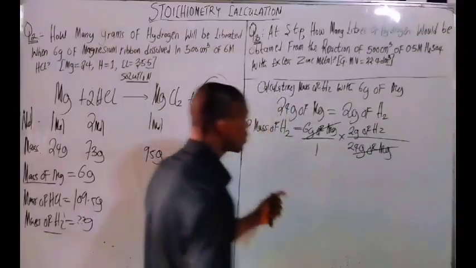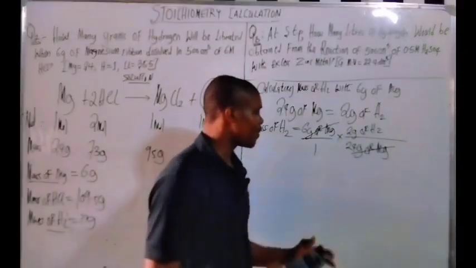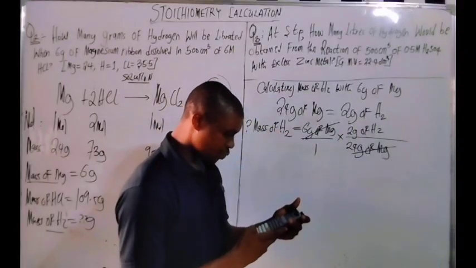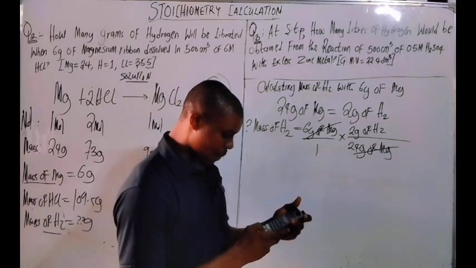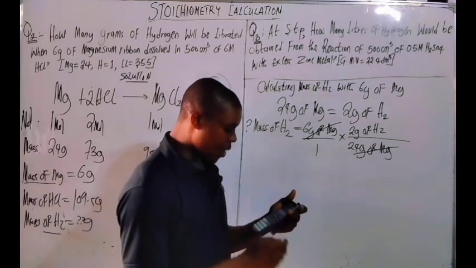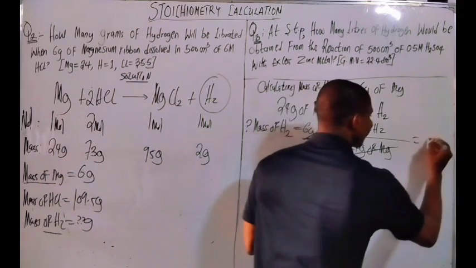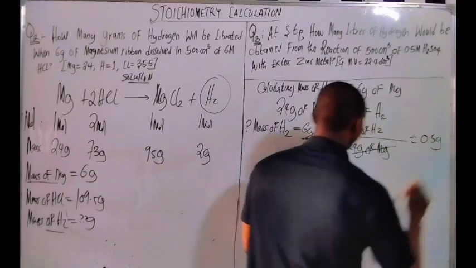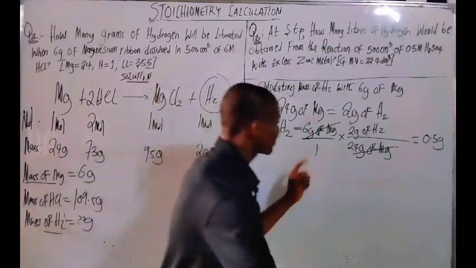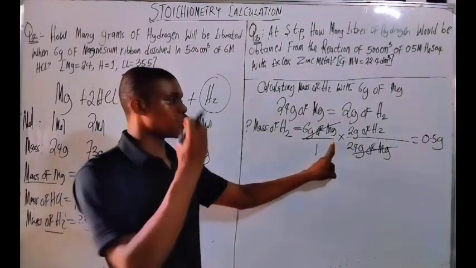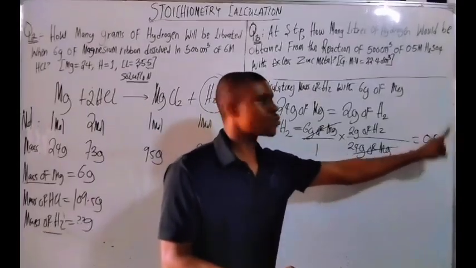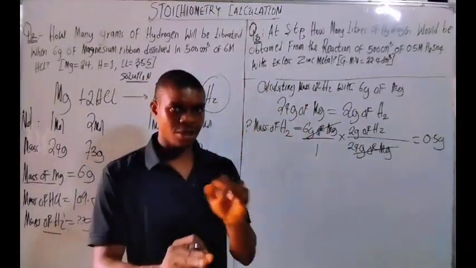What am I left with? 6 times 2 divided by 24. Here we have 0.5. So you have now 0.5 gram. What does it mean? It means that 6 gram of magnesium produces 0.5 gram of hydrogen gas. That is the meaning. Do you understand?